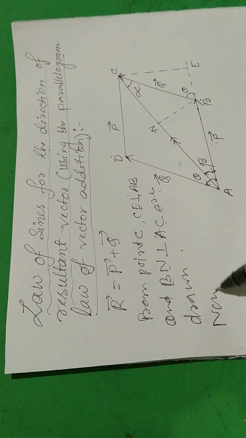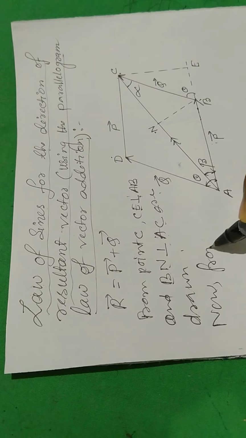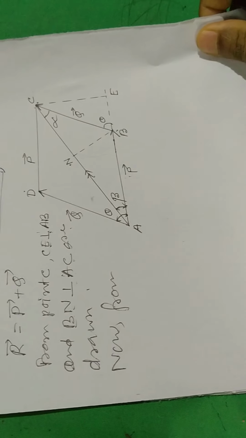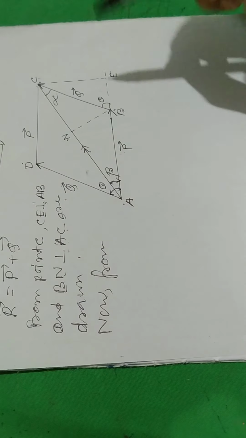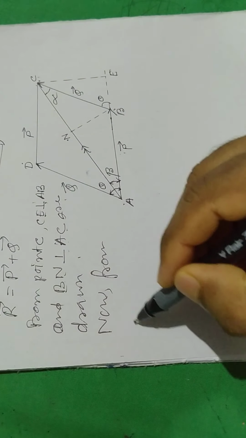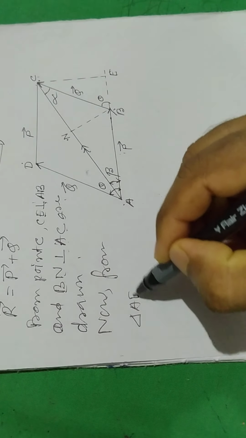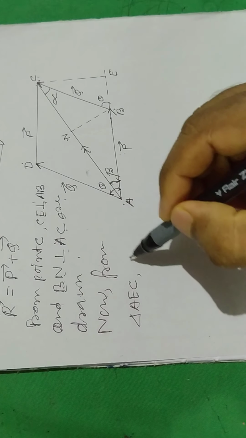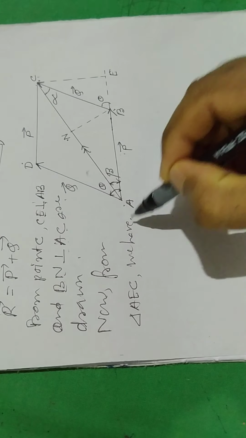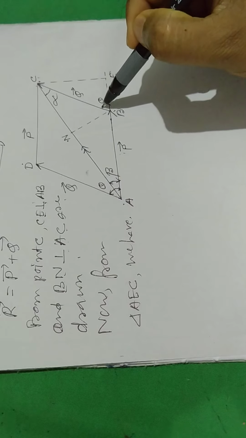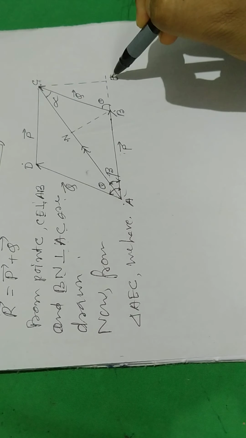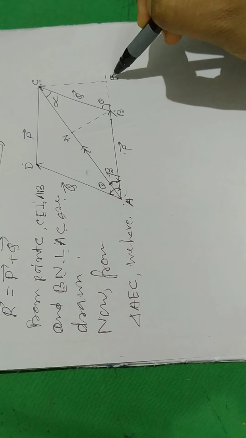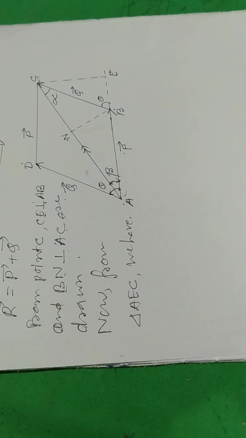Now from triangle AEC, we have, with respect to beta, CE is perpendicular, AE is base and AC is hypotenuse.